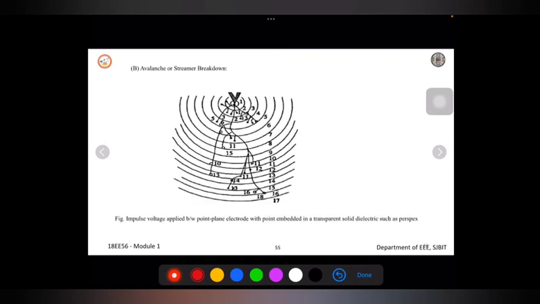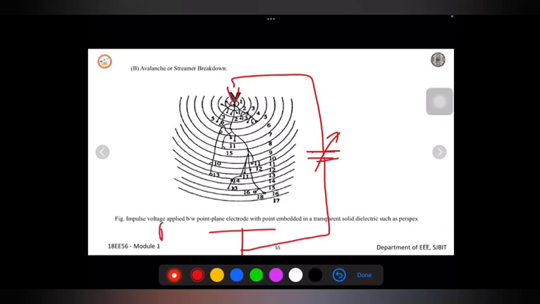When you apply a voltage between point and plane, this is a plane electrode and this is a point electrode. Look at how the gap will be bridged here. The free electrons keep on colliding, so this is how the path will be created until it reaches the other electrode.